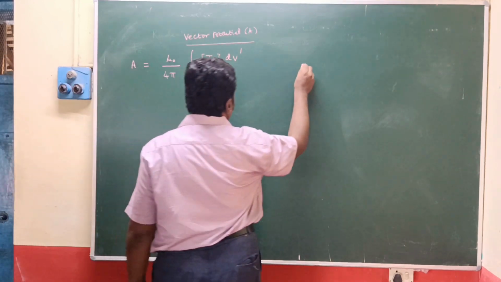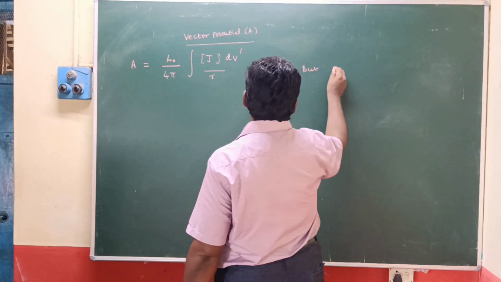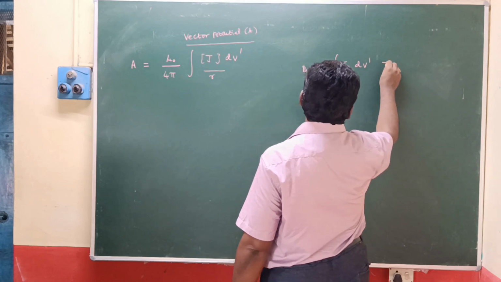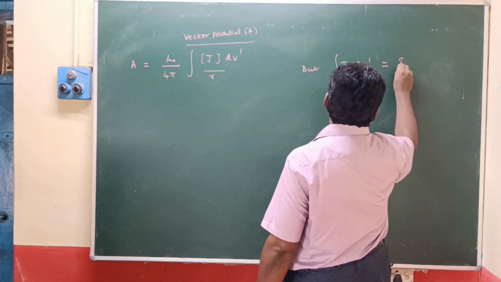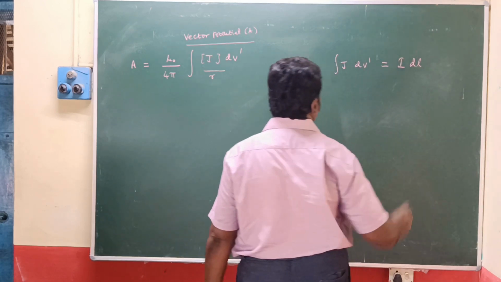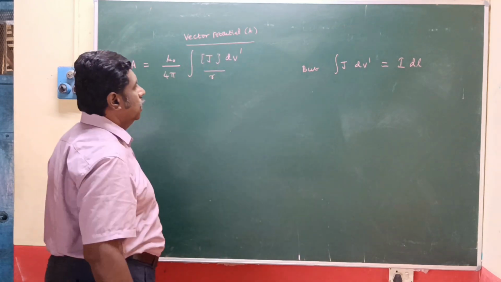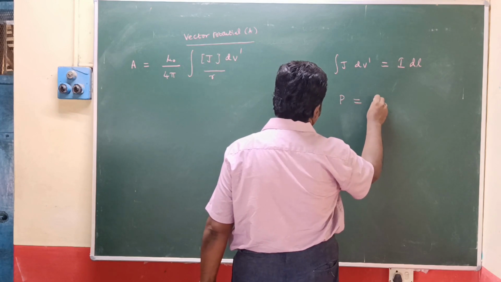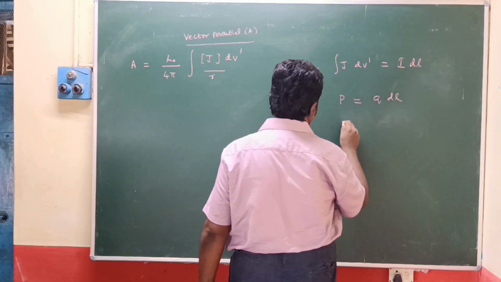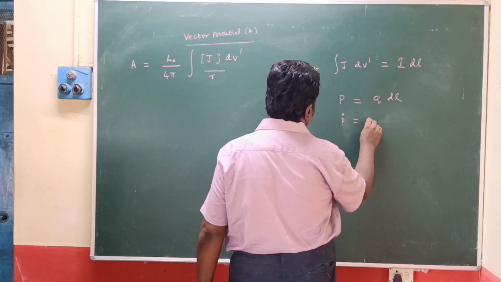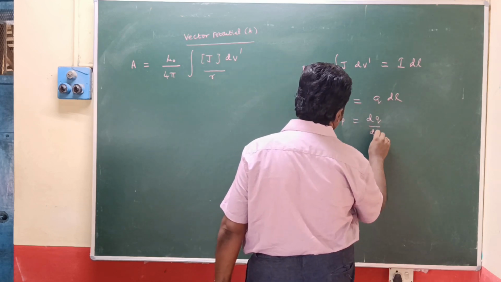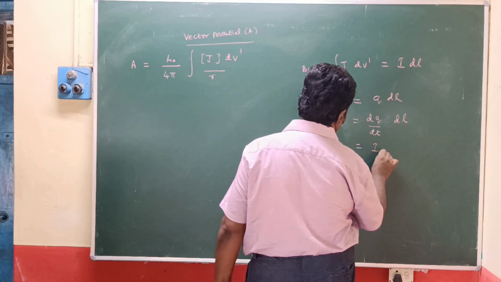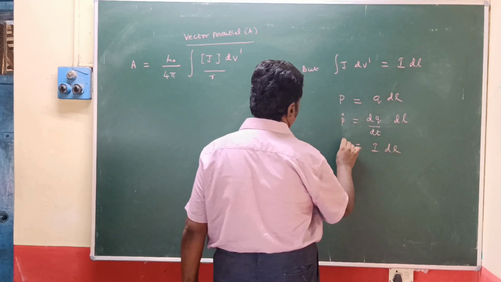But j dv dash inside the integral equals I times dl. We already have the dipole moment P equal to q times dl, and P dot equal to dq/dt times dl, which is equal to I times dl.